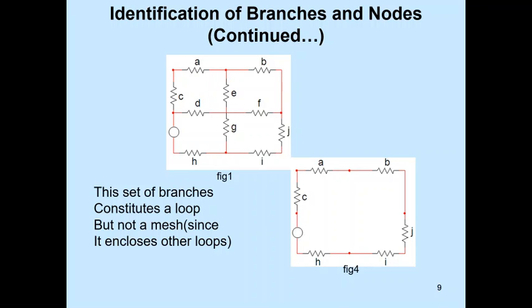Many types of loops are possible in that circuit. So I am going to discuss how many loops are possible in the circuit. By considering C, A, B, J, I, H and the voltage source, it is a closed path, so that it is one mesh.